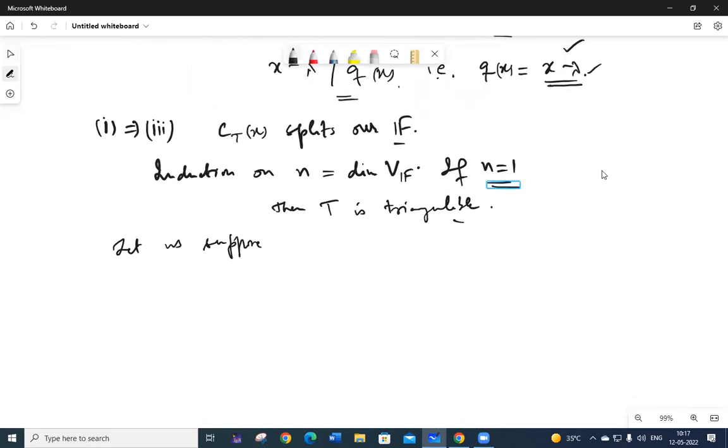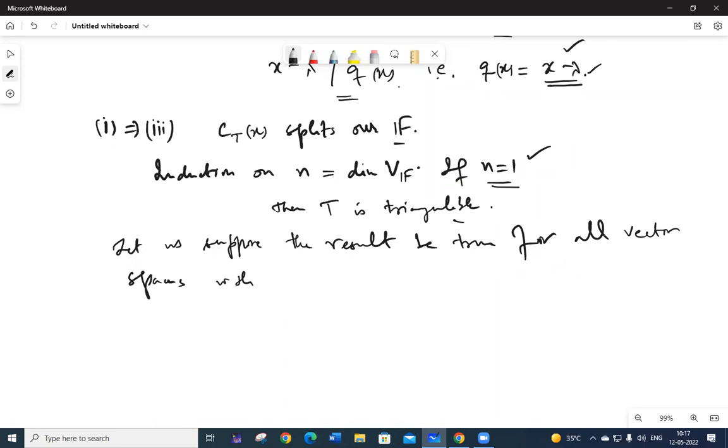So if the dimension is 1, then obviously T is triangular. Let us suppose that the result is true for all vector spaces with dimension less than or equal to n minus 1.